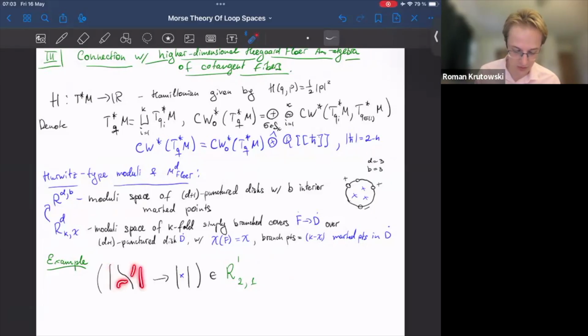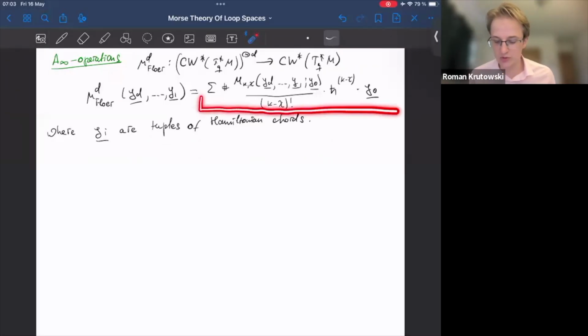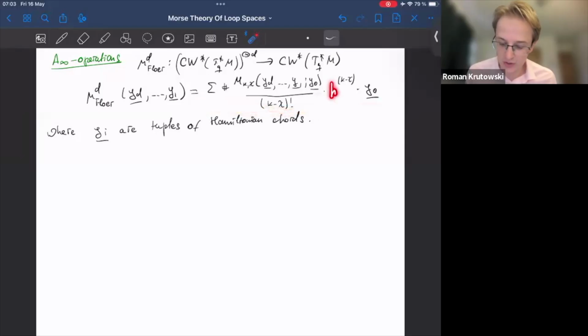This domain has a natural two-fold cover, which is branched at a point like this. Okay, so with these spaces, we can introduce our infinity operations. Again, the formula is pretty similar to what we saw before. We introduce h bar to the power of the number of branch points.